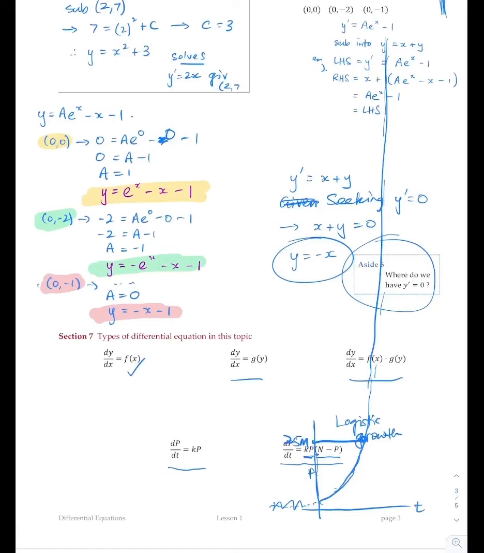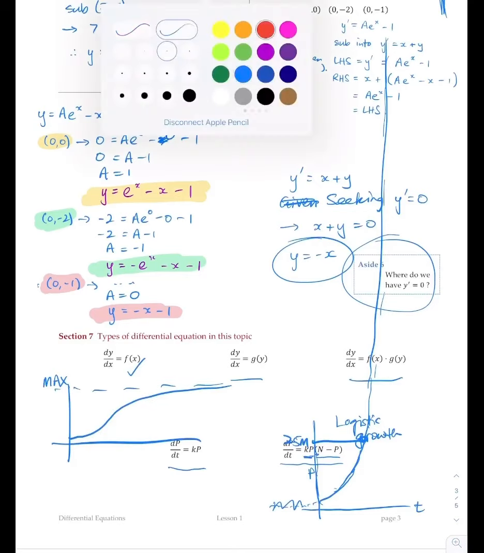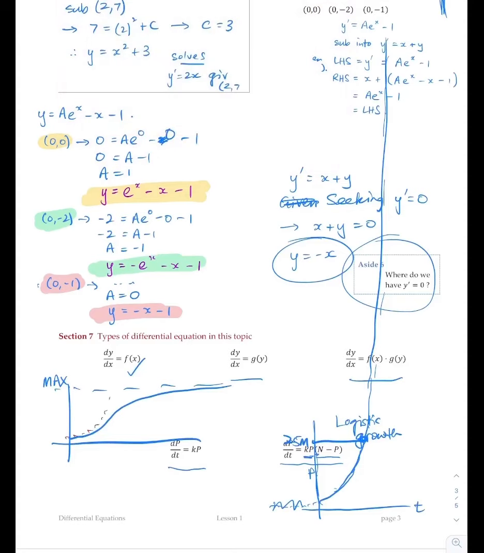So logistic growth puts a cap, a maximum, say maximum population, and you get a curve like this. That's very badly drawn, but the point is it looks like exponential to begin with, but then it goes away from the exponential.